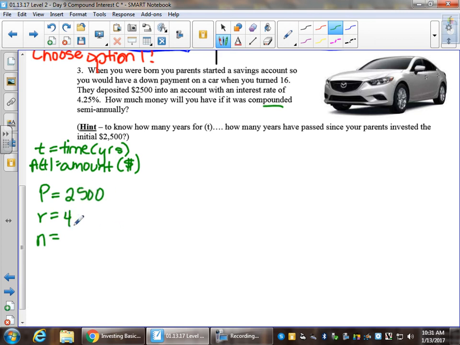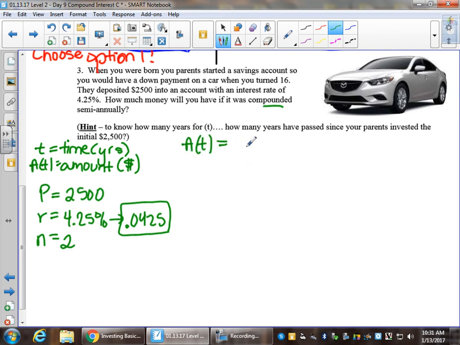The rate is 4.25%. As a decimal, that's 0.0425. And semi-annually tells me that N will be 2. With that information, I'm ready to build my model.